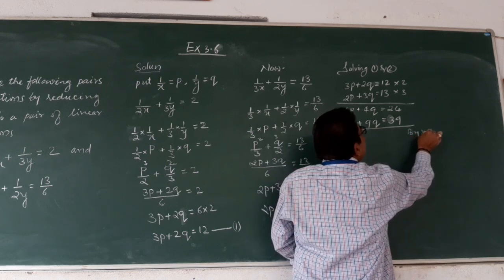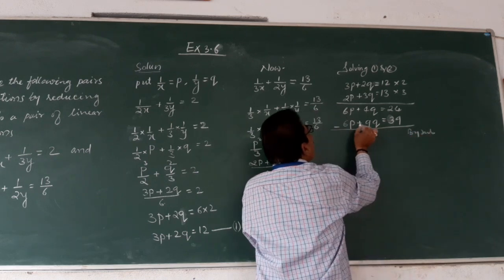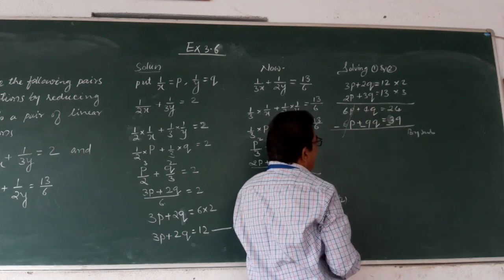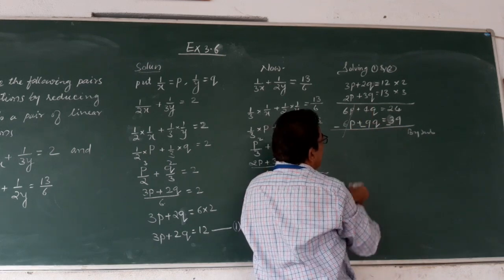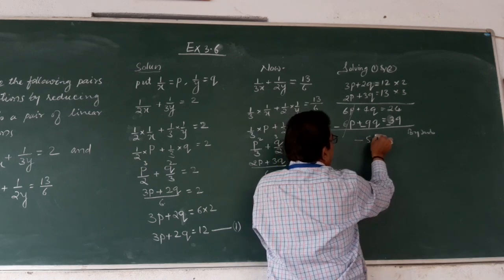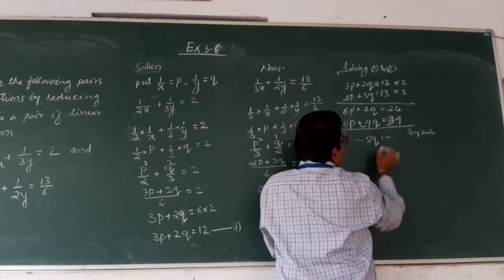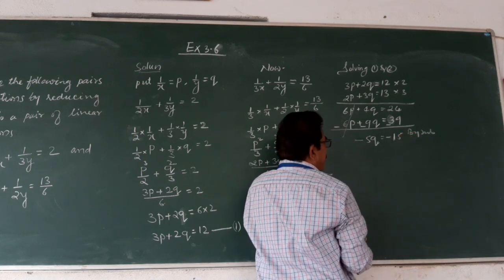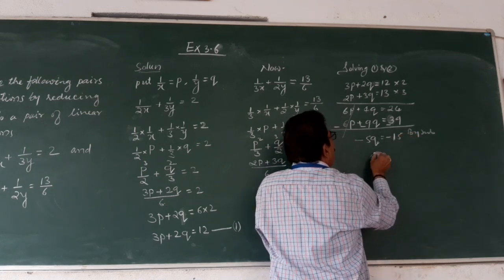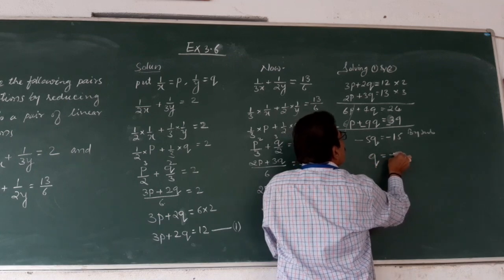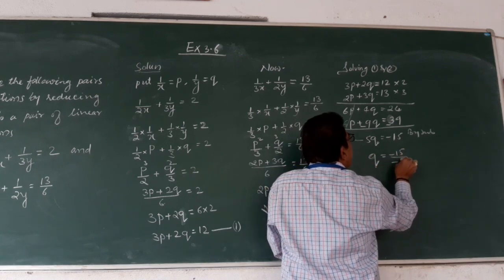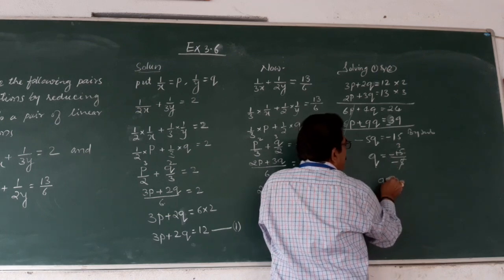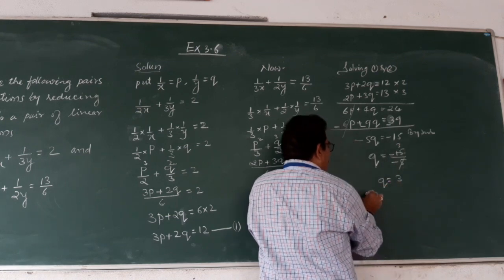Then by subtracting, 6p minus 6p gets cancelled. There is minus 5q equals minus 15. Therefore q equals minus 15 divided by minus 5, that is q equals 3.